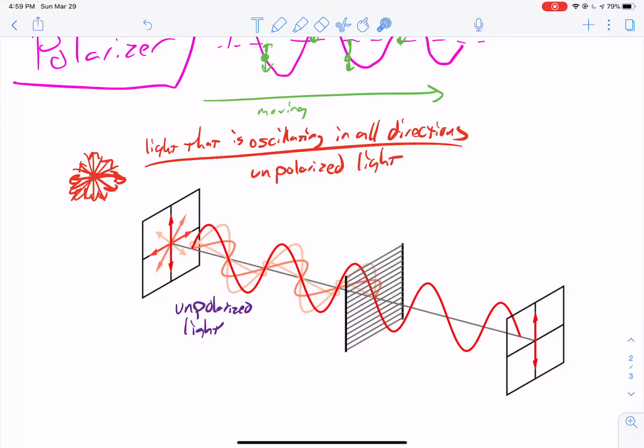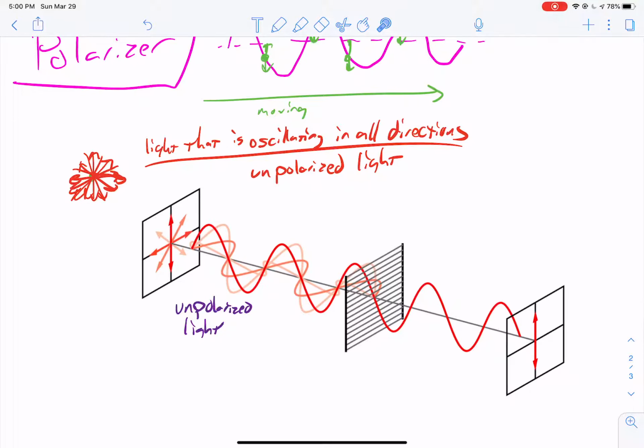Now what the polarizer does is it acts a little bit like a lot of very, very skinny little bars. When the light hits this polarizer, anything traveling in the same direction as the little lines will get absorbed by the polarizer. The energy will hit the polarizer, it'll actually make these little particles, these lines, move back and forth a little bit, and it will absorb the energy.